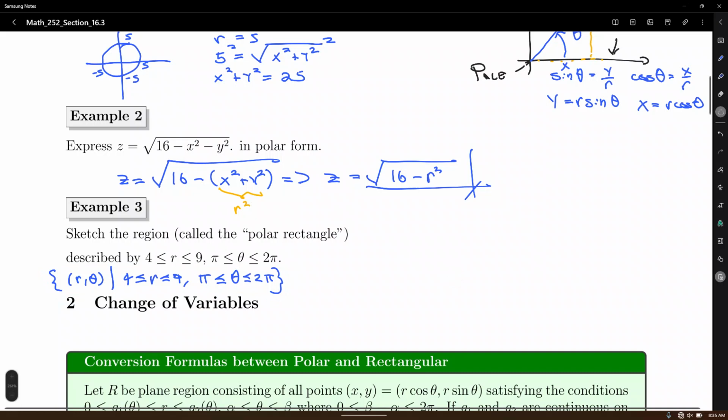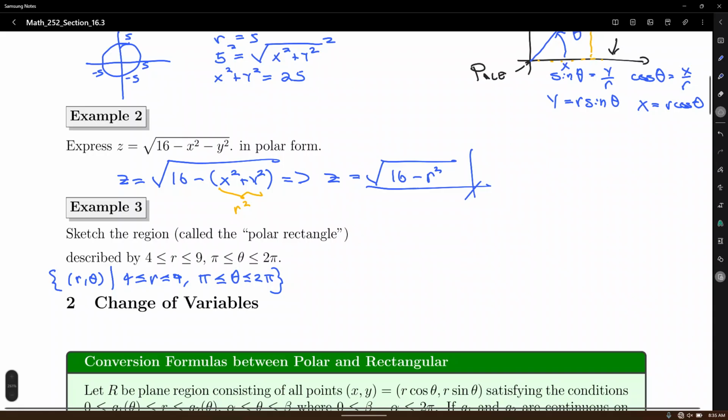Right here, again, r between 4 and 9, that's telling me there are two circles: a circle of radius 4 and a circle of radius 9. Remember when we find domains with functions of multiple variables? In this case, I gave you functions of x and y, so this is a more simplified and more compact way to go about it.